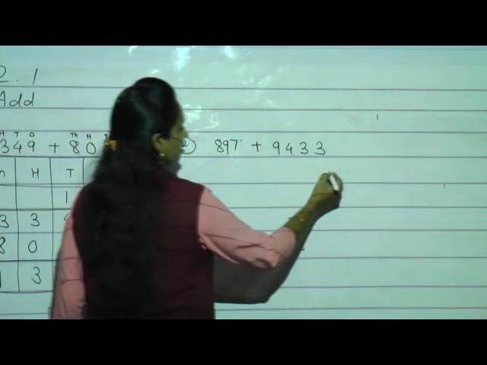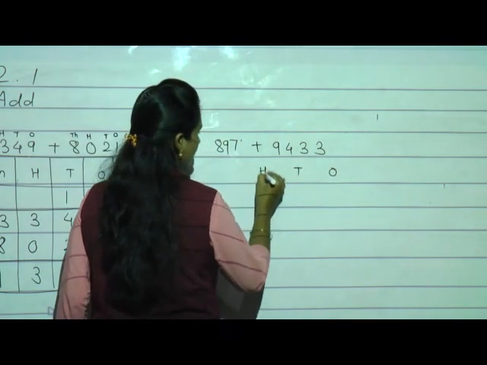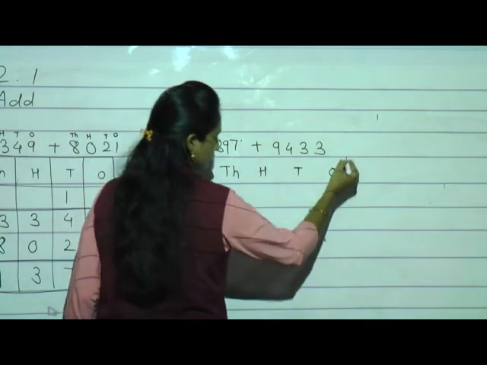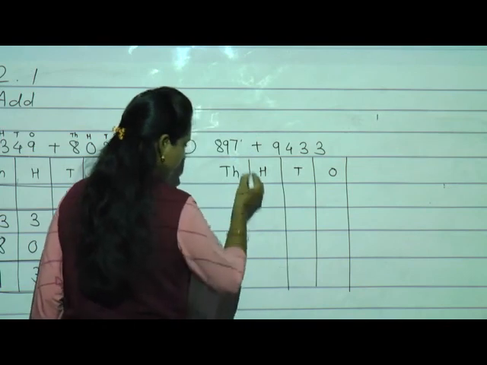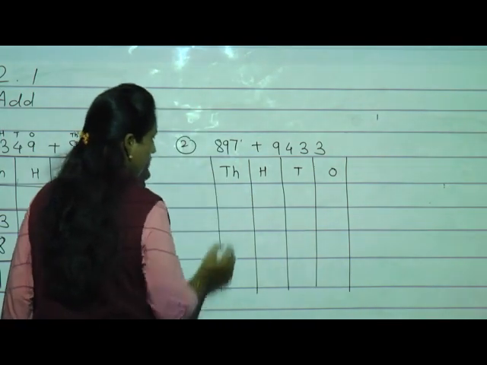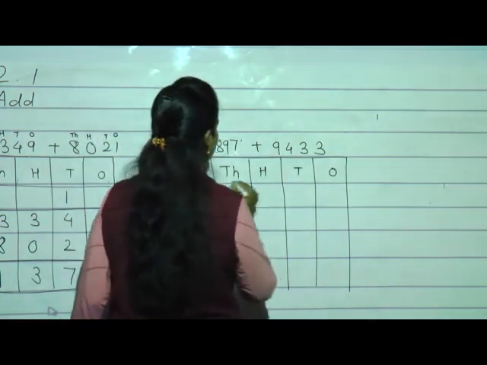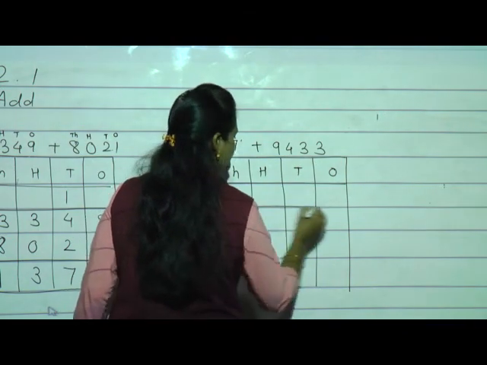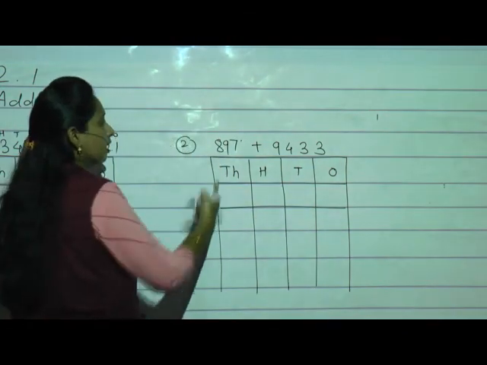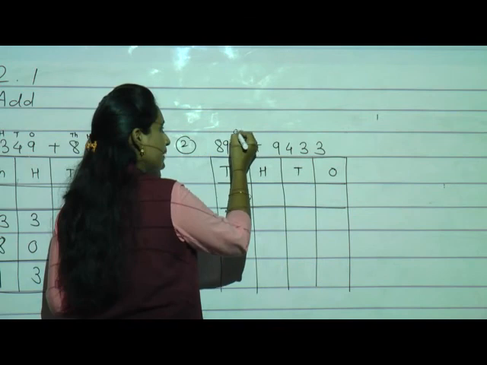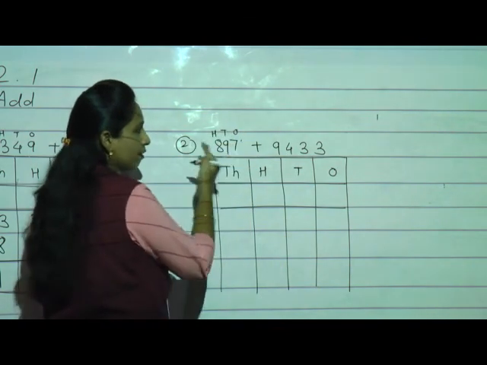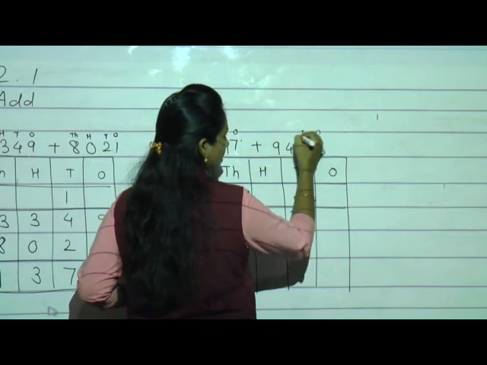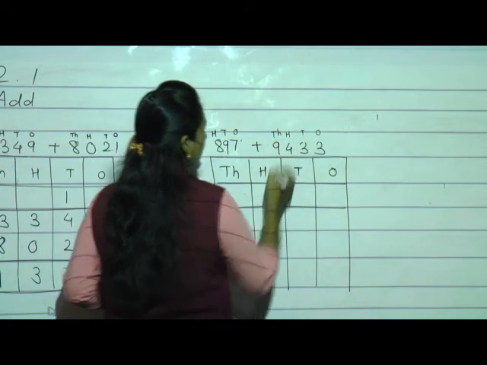Draw the columns: ones, tens, hundreds, thousands. You are going to draw these lines with the pencil, but all questions you have to write with pen. Leave one column for carry. First give the place value to the numbers: ones, tens, hundreds, thousands.